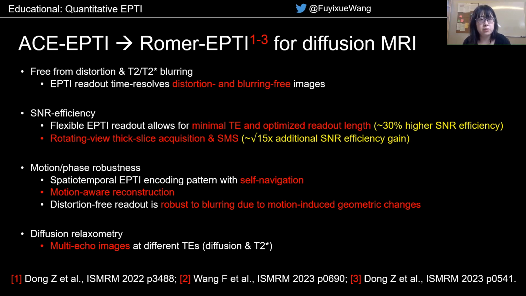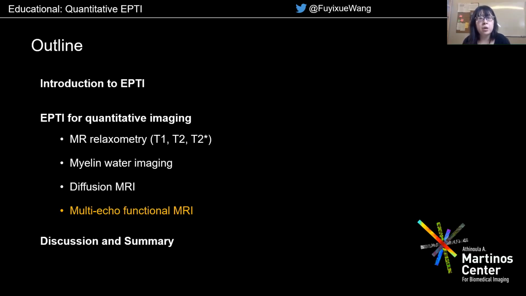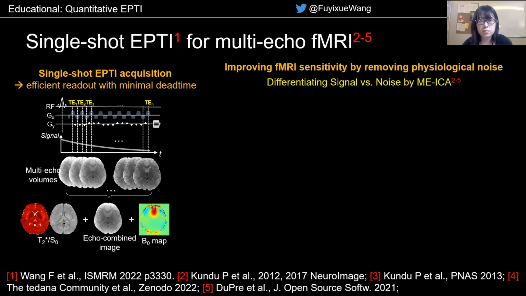So finally, I want to briefly talk about EPTI's application in functional MRI. The multi-echo information and the fitted T2 star and S0 can be useful for improving functional MRI sensitivity as well.